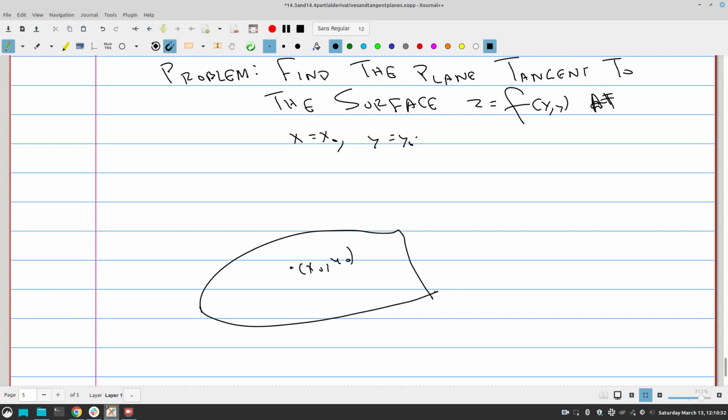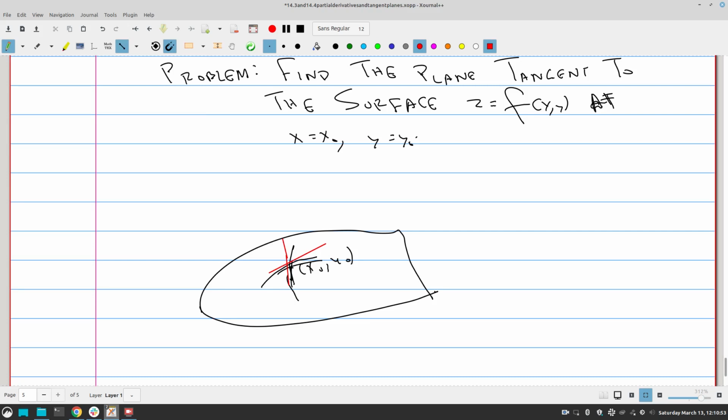Each curve had a corresponding tangent line. So this is the tangent line to C1, and this is the tangent line to C2.